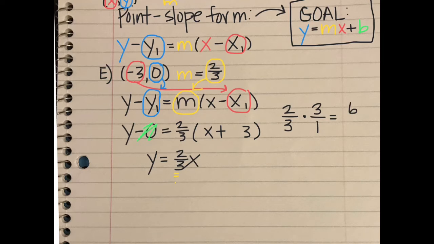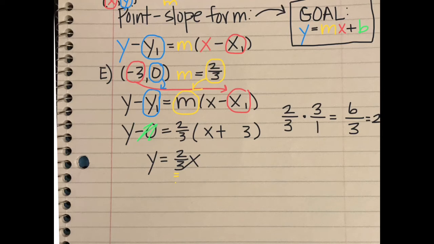And then we multiply the denominator times the denominator, so 3 times 1 is 3. And then we usually take a look to see, can we do 6 divided by 3 and get a whole number? We can, and that is 2. So 2/3 times 3 over 1 equals 2.